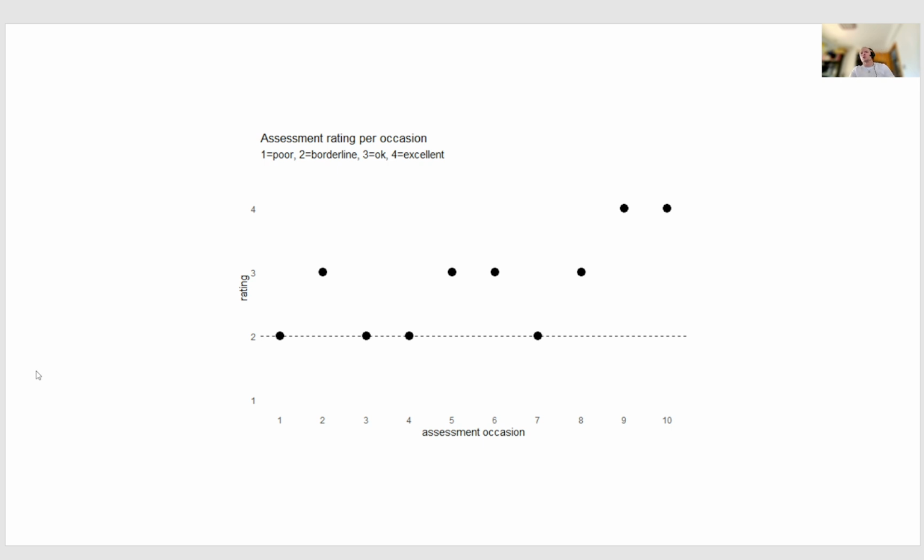With 1 being poor performance, 2 being borderline performance, 3 being satisfactory performance, and 4 being excellent performance. Now, for the people who don't know what borderline is: poor means unsatisfactory, 3 means satisfactory. Borderline is basically a kind of performance that is neither unsatisfactory nor satisfactory.